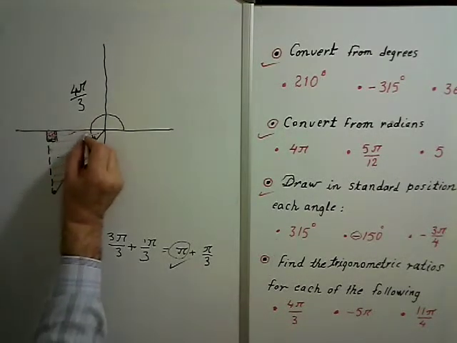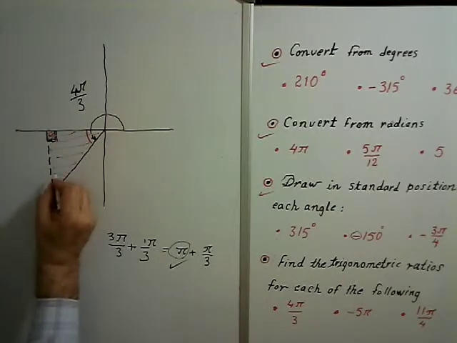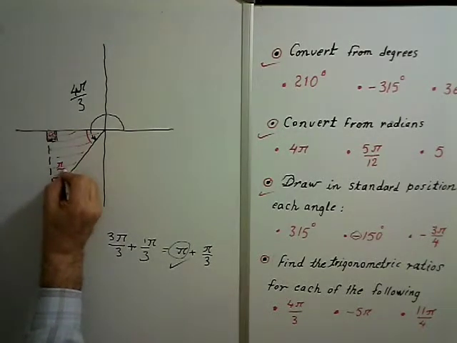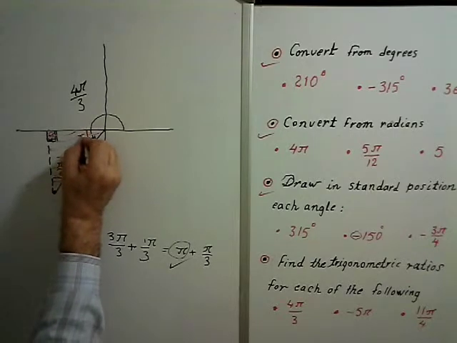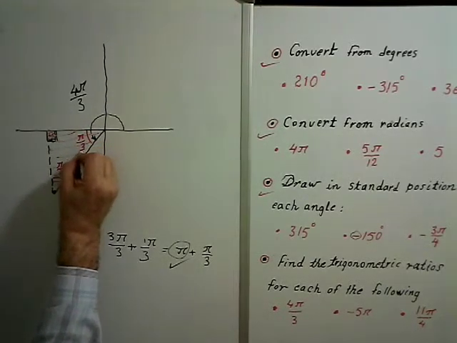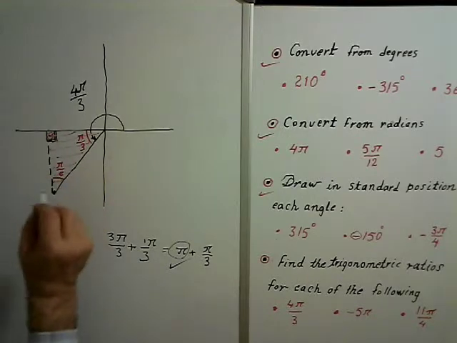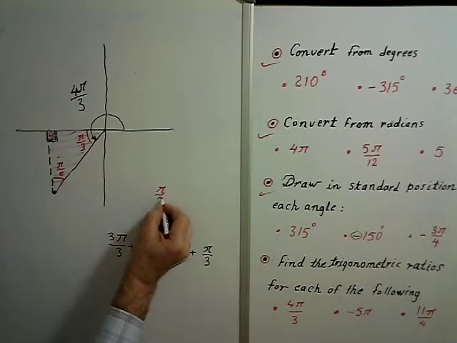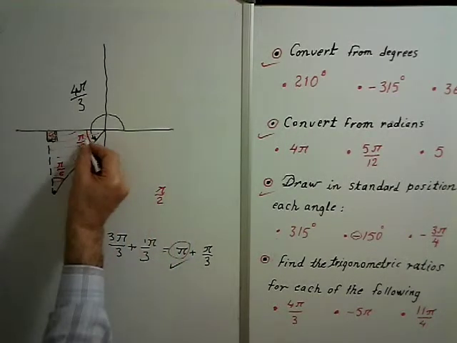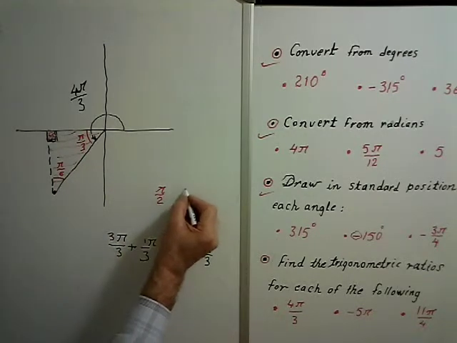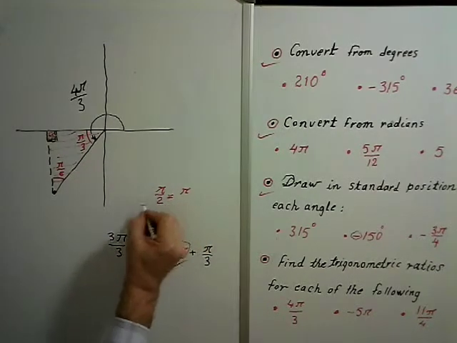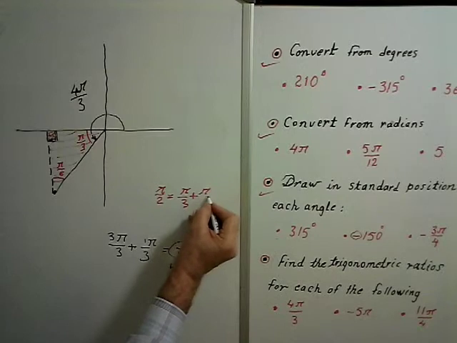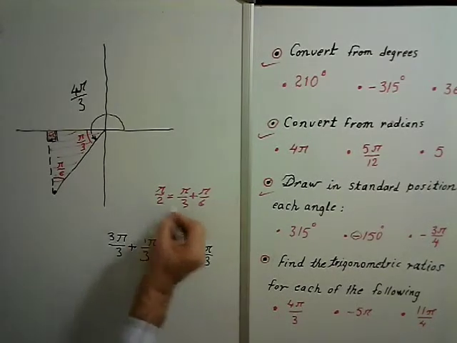When this is pi over 3, that means here is pi over 6, because these together, when we add them, should be equal to pi over 2. So pi over 2, the right angle, and the rest two angles should add up to pi over 2.